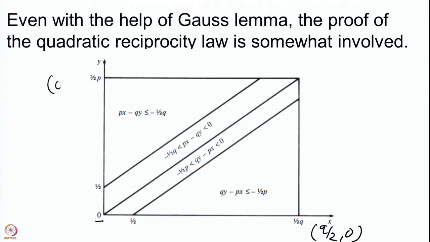Here you have x coordinate 0, y coordinate p by 2 and here you have (q by 2, p by 2). This is our whole rectangle which we denote by R.